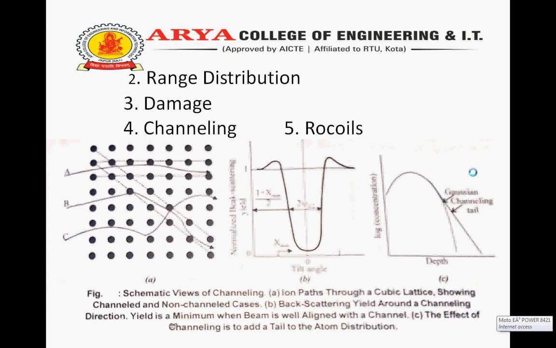Third is damage. As each ion travels through the target, it undergoes a series of nuclear collisions. Every time the ion is scattered, a fraction of its energy is transferred to the target atom, which is displaced from its original position.